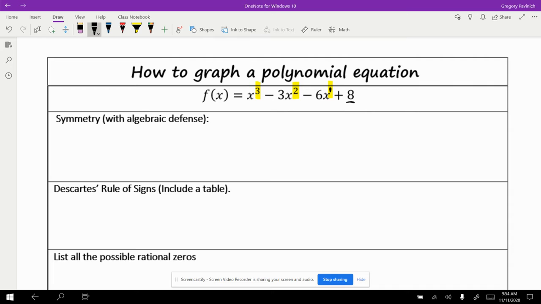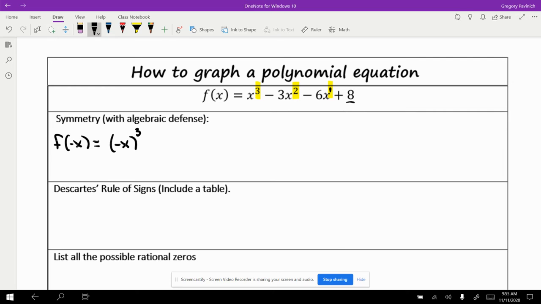Even though I might know that this is going to be a neither by looking at the polynomial, I still need to show that with algebraic defense. And that's what I'm going to do here. Plus, on our next step, we're going to need this function, so it's not going to be worthless.